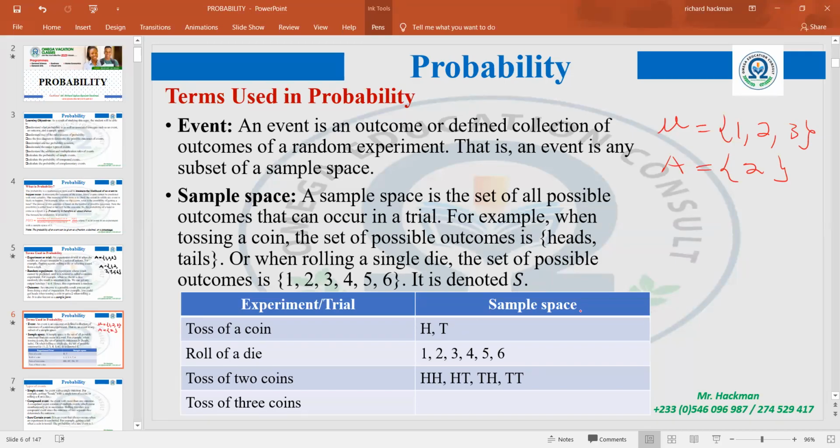Anyone here? I'm waiting. How do you determine that this part of the coin is a head? Is it by instinct or is there a particular rule?